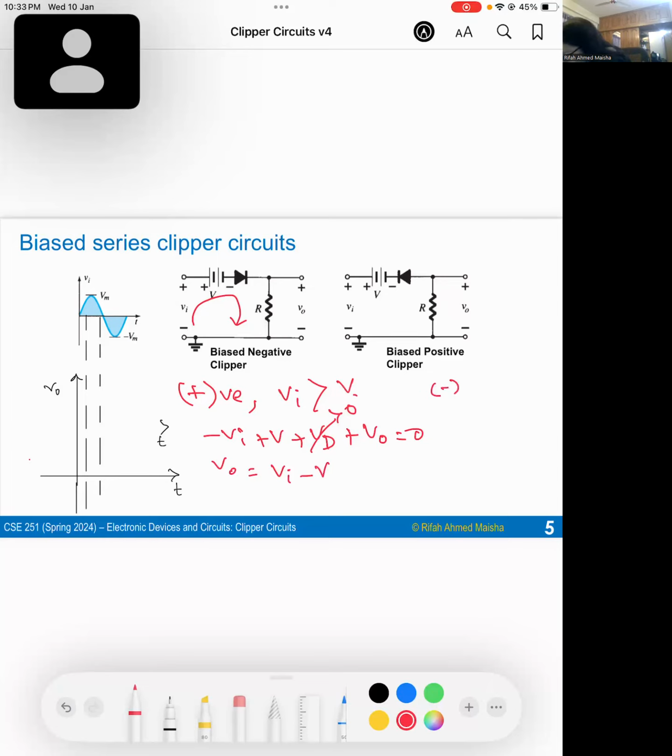During the negative half cycle, when input is less than the bias voltage, the output voltage equals 0. So if we draw the waveform, we can see this form.